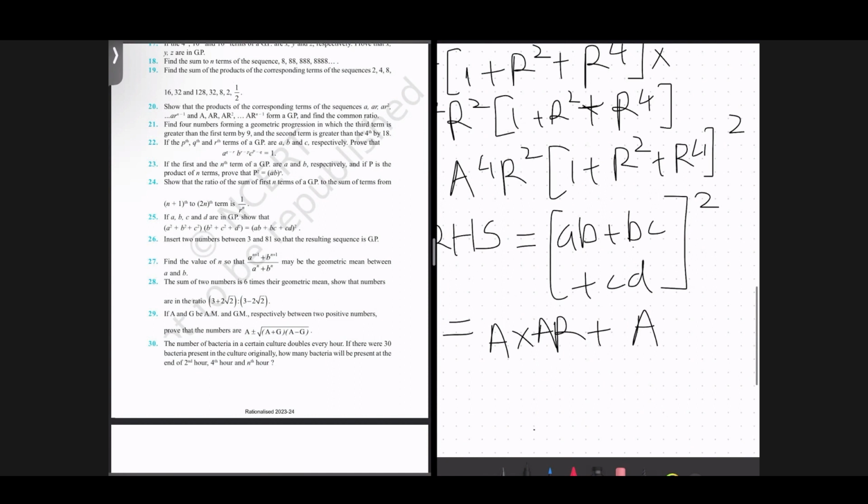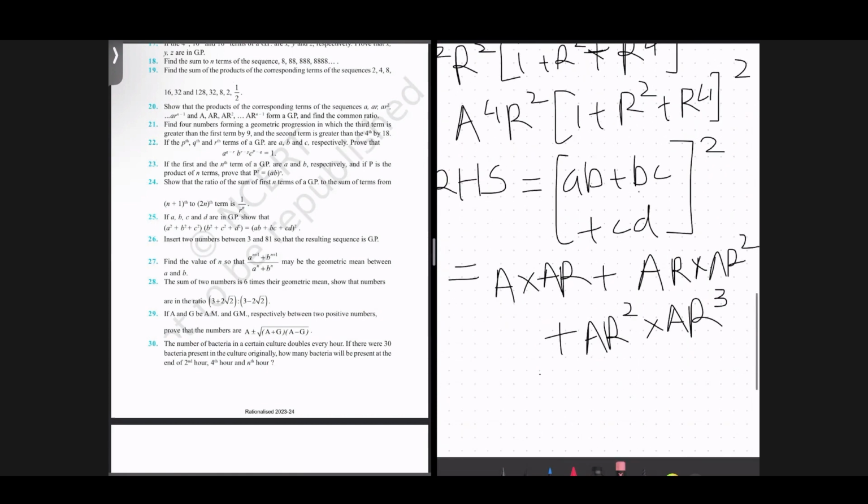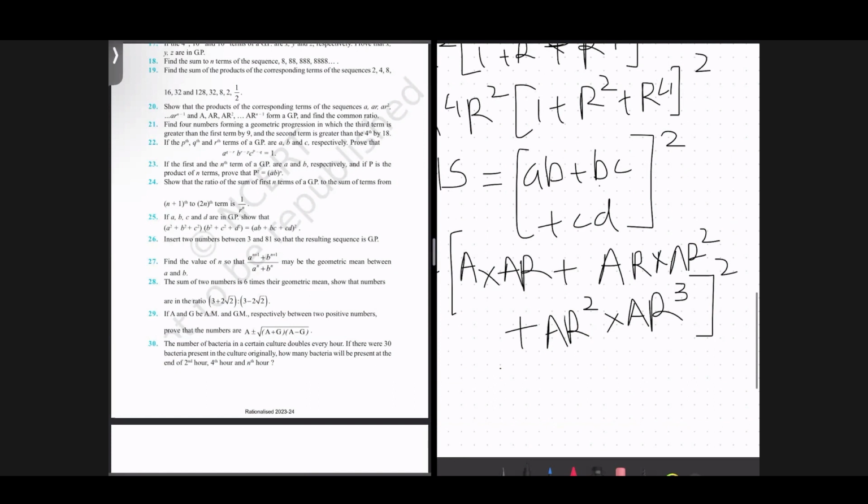B into C would be nothing but AR into AR square, plus CD would be nothing but AR square into AR raised to the power 3. What I've done is I've just plugged in the values of a, b, c, and d into the RHS part, and I've just squared this entire term because that is what RHS is going to be.